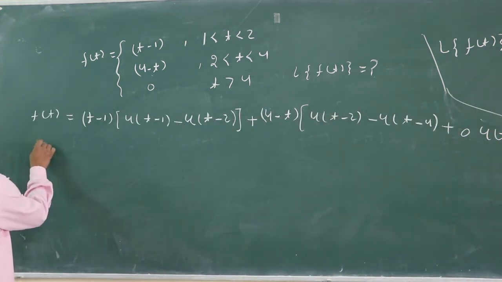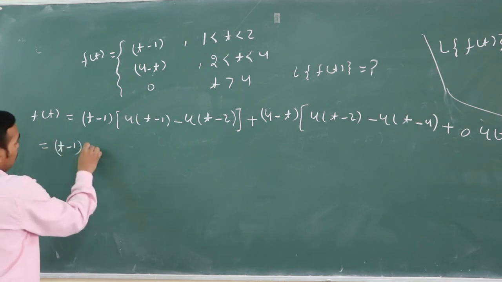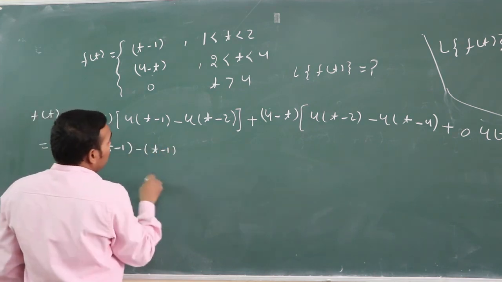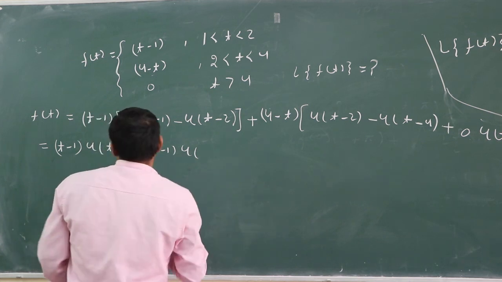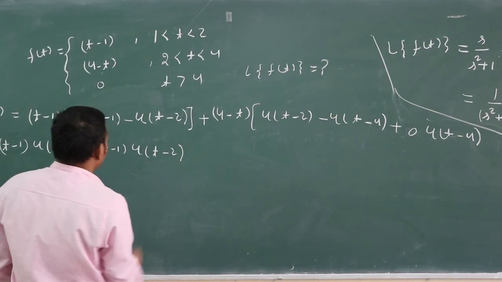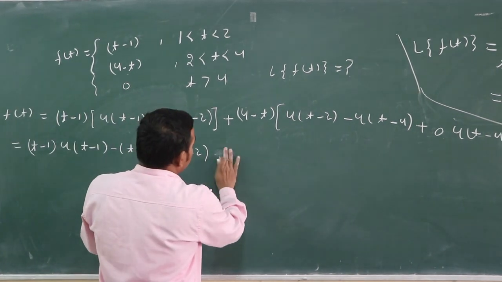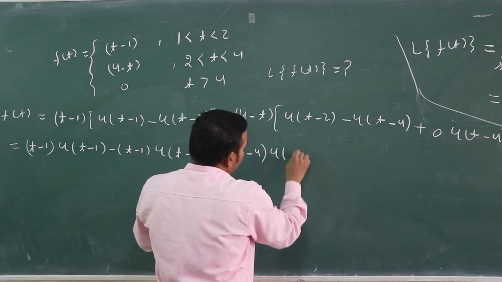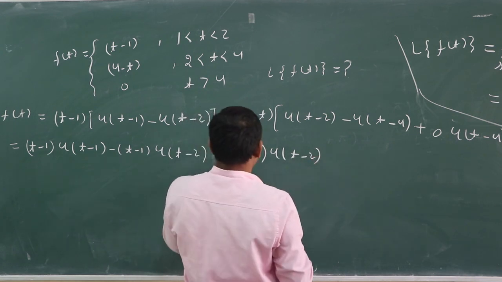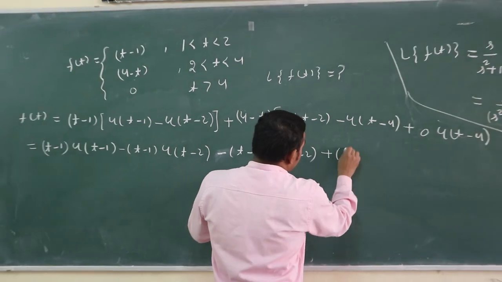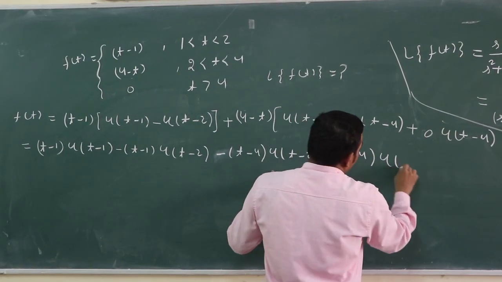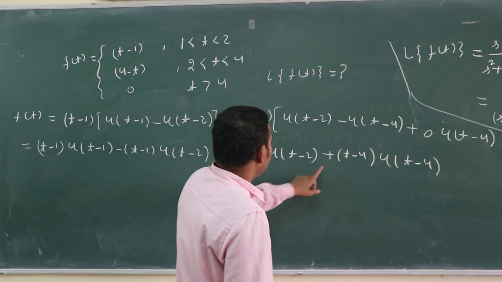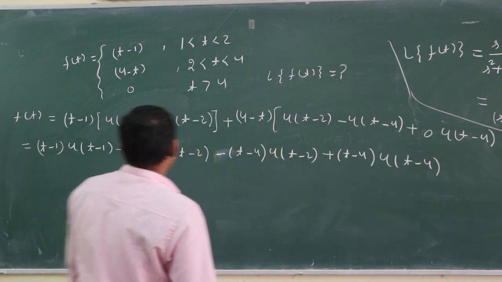So we can write it as t minus 1 u of t minus 1, minus t minus 1 u of t minus 2, plus we take minus outside, so minus t minus 4 u of t minus 2, so minus minus plus t minus 4 u of t minus 4.